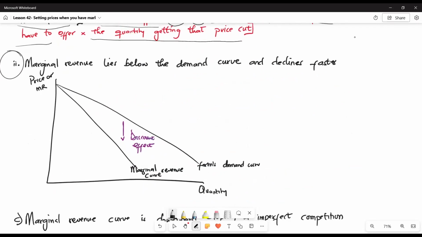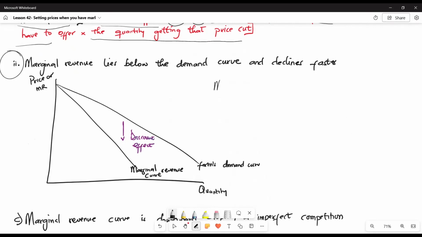It lies below the demand curve and it declines faster. So why is this the case? Now, the marginal revenue curve lies below the demand curve because if you sell one more item, you need to cut your price, so that the marginal revenue is the price you get for that extra item minus the discount effect.